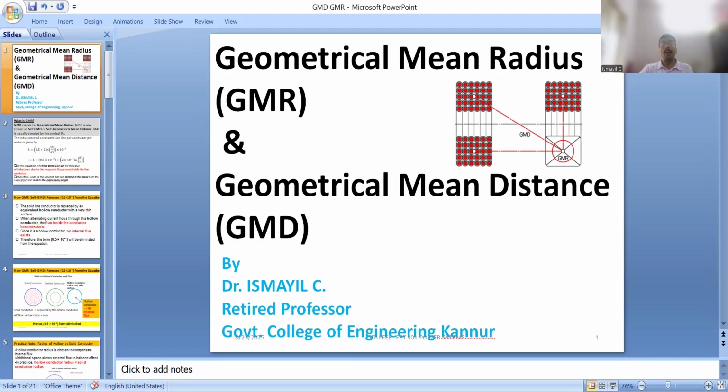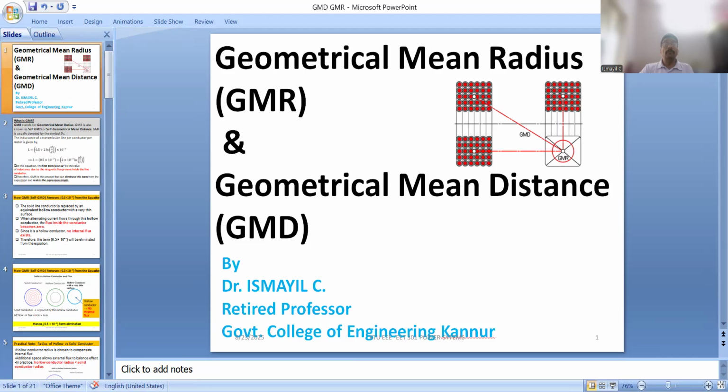In Y phase also, there will be two conductors, since it is again a bundled conductor. Actually, there is a mistake from my side. Here it is B, not R. Sorry for that. So what are the distances between these conductors?